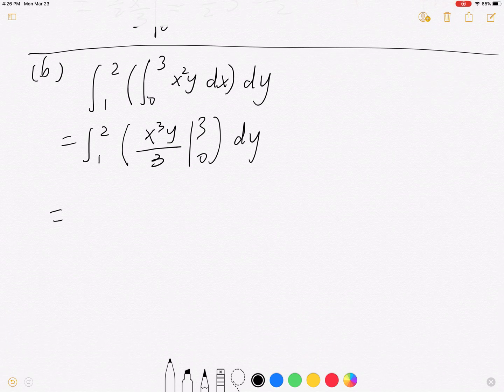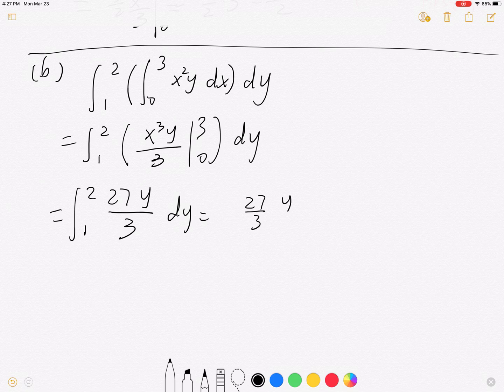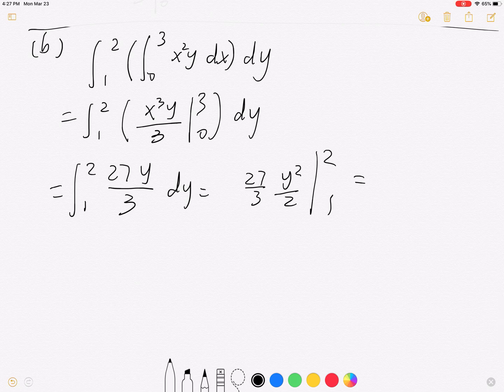This is 27 y divided by 3, from 1 to 2, dy, and then 27 divided by 3 times y squared divided by 2 from 1 to 2. So actually this is 27/2.